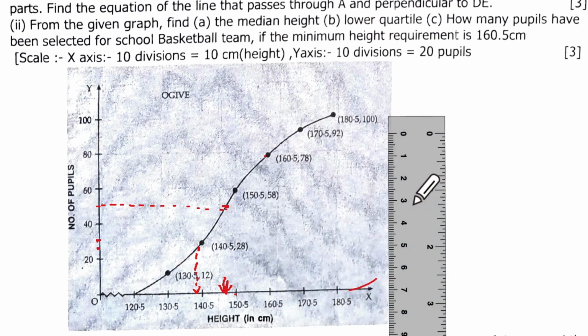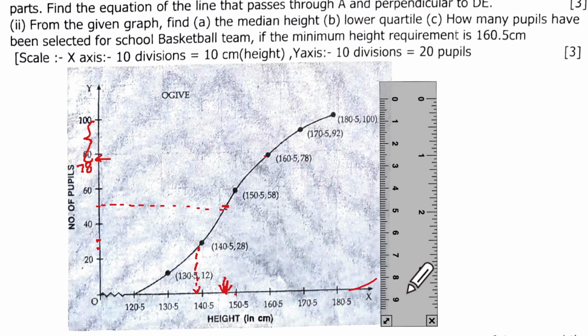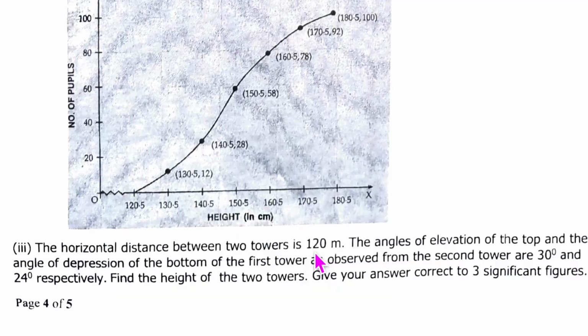So the corresponding point is 78. So if you come here, this is 78. They're asking how many pupils have been selected. It will be 100 minus 78. Understood, no? Doable, right? It's clear, right?